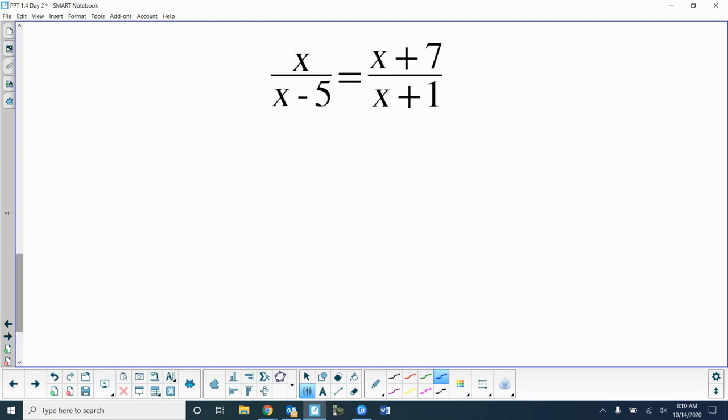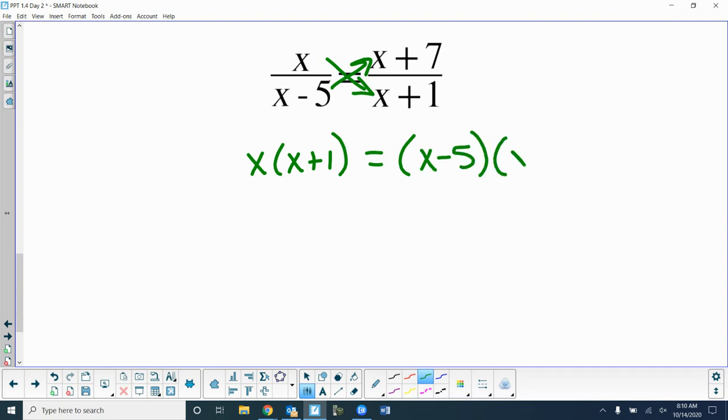So when you see one like this, where it's just one fraction equal to another fraction, cross multiply. It's a proportion. So it's going to be x times x plus 1 equals x minus 5 times x plus 7. All right? So then I'll distribute.